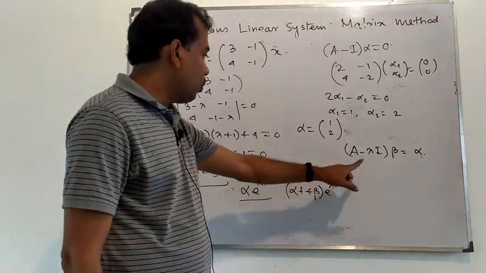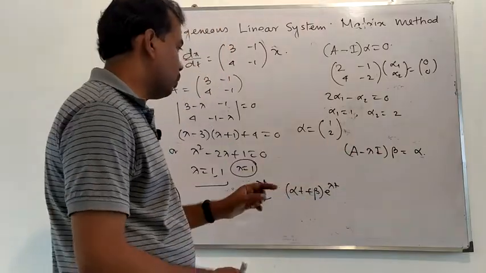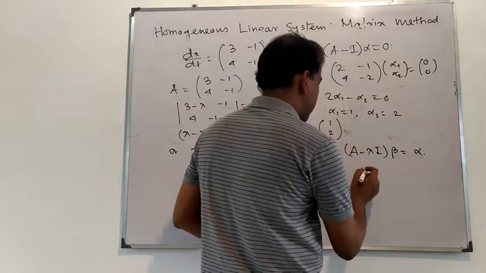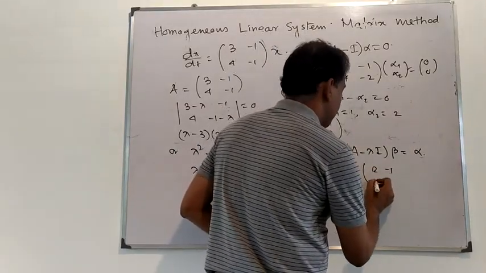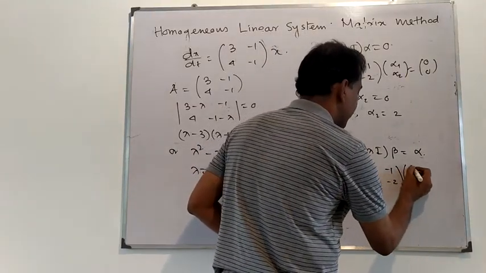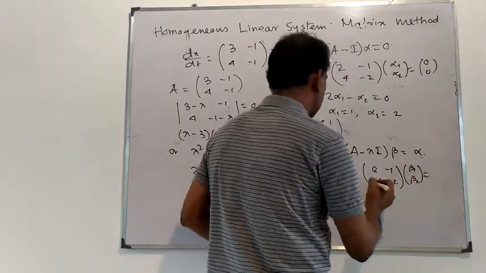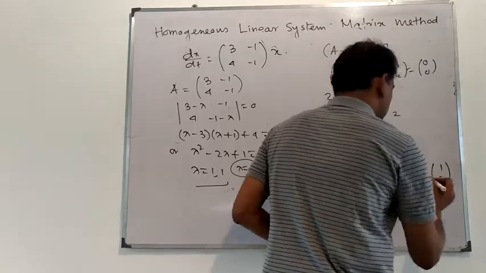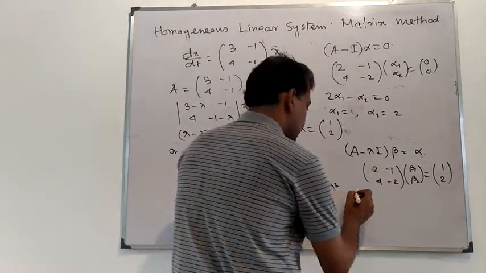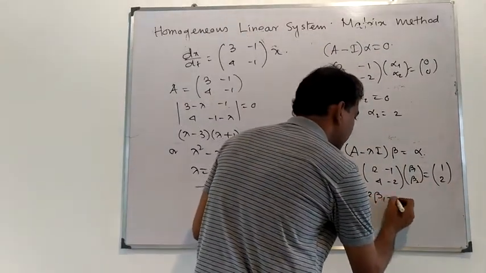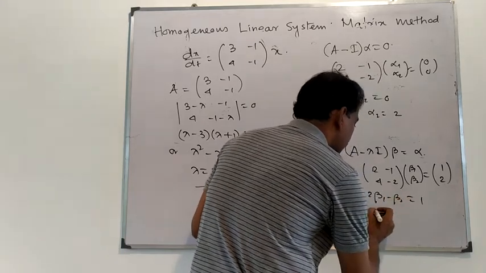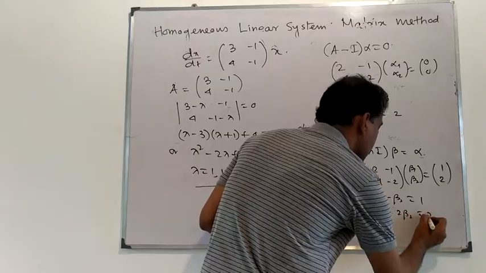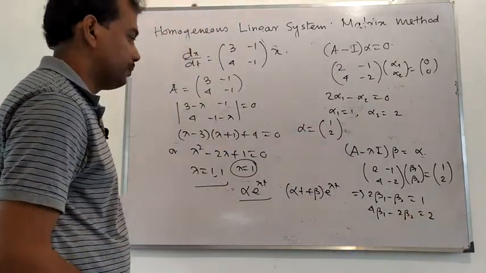Here lambda equal to 1, alpha equal to (1, 2). So if we put lambda equal to 1, then we get 2 minus 1, 4 minus 2, into beta 1, beta 2, where beta equal to (beta 1, beta 2), is equal to (1, 2). This implies 2 beta 1 minus beta 2 equal to 1, and 4 beta 1 minus 2 beta 2 equal to 2.